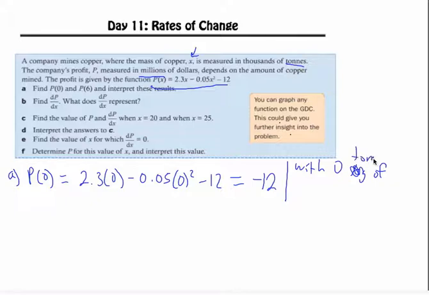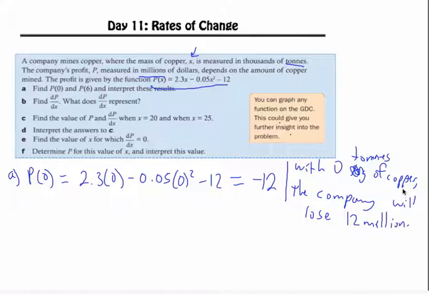With 0 tons of copper, the company will lose 12 million. Or maybe you could think of that as the startup costs. At the beginning, you don't have any copper, so maybe the startup cost is 12 million.